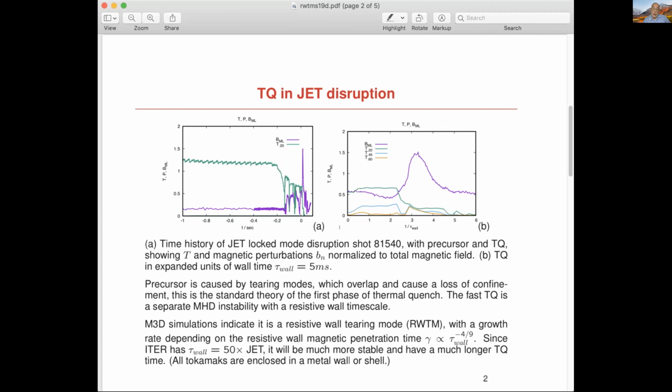I've shown through analysis and some simulations, which I'll briefly sketch in the next slide, that this is a certain kind of instability.